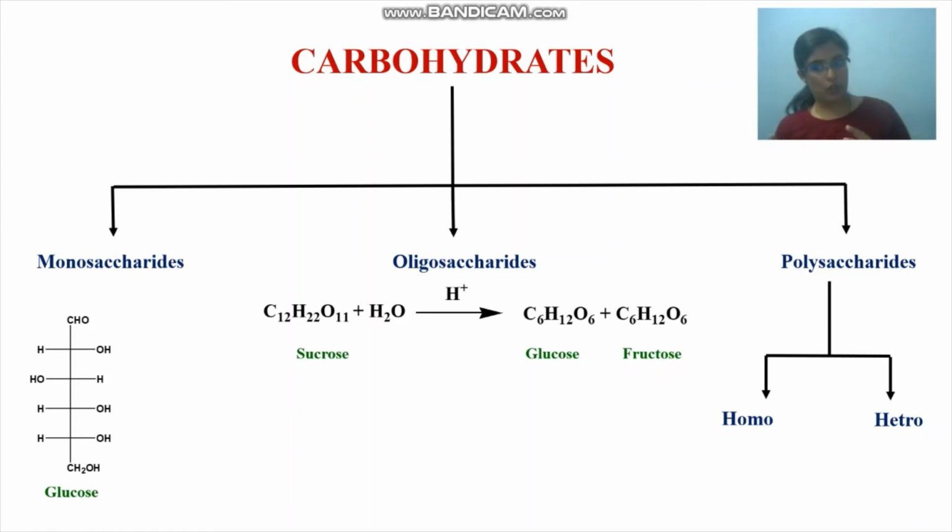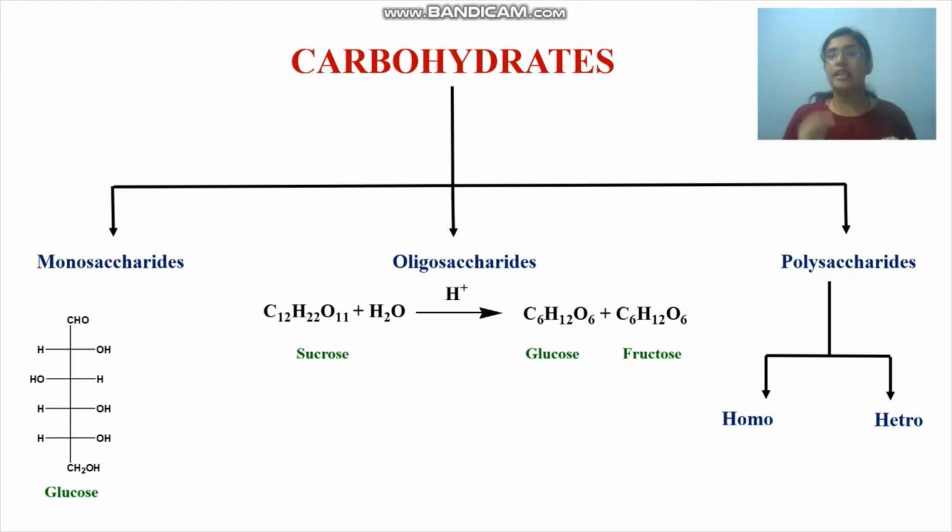Now, the third set of classification is the polysaccharides. Polysaccharides are the ones that give rise to a large number of monosaccharides upon hydrolysis. And these polysaccharides can further be classified into homopolysaccharides or heteropolysaccharides.